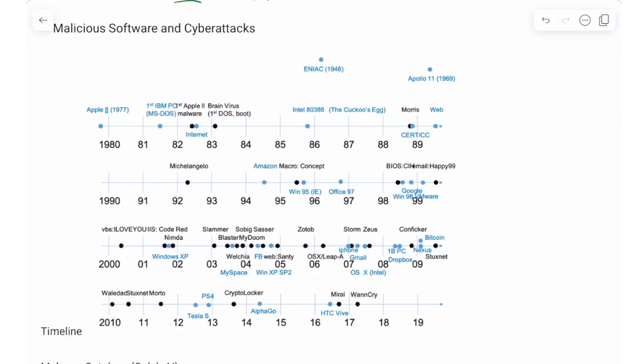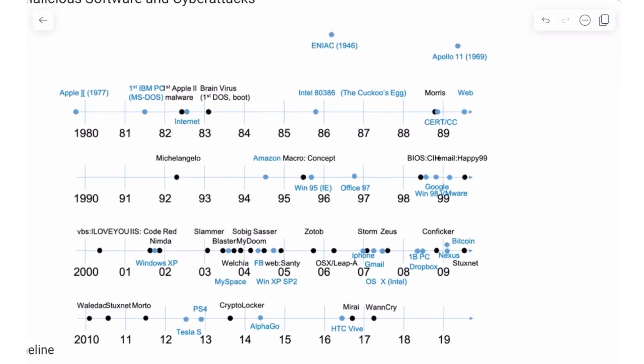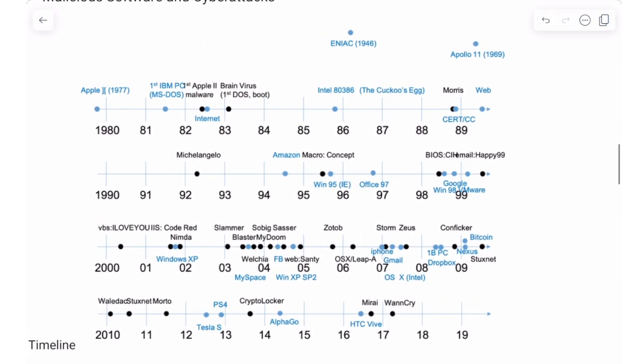Okay, I drew this figure. The black dot is the malicious software in that year, and the blue dot is the technology or software invented in that year.